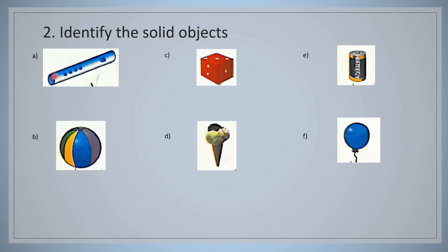So the first picture, as you can see, is a picture of a cylindrical object. So this shape is a cylinder. If you see, it is long and it is not a plane figure as you have seen earlier in the exercise. It has sides to it and it is known as a cylindrical object.